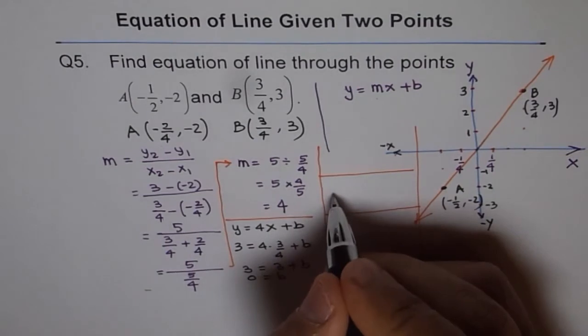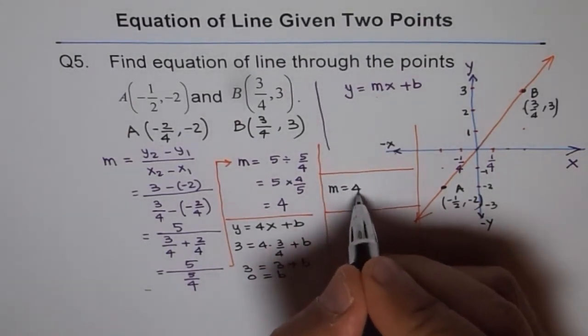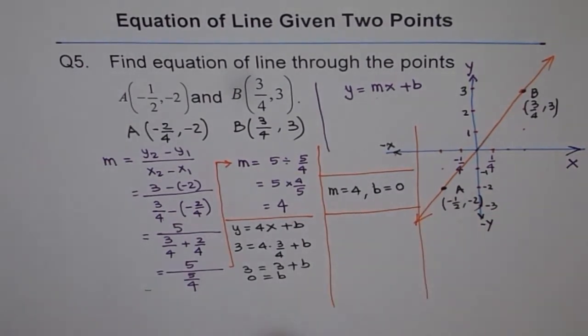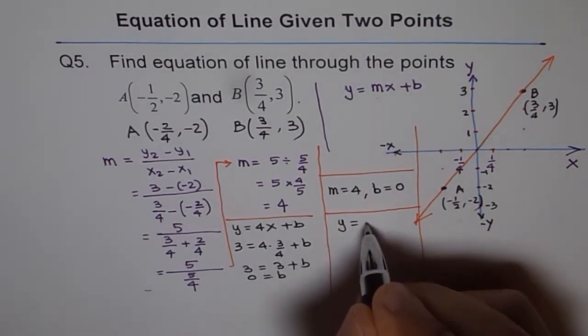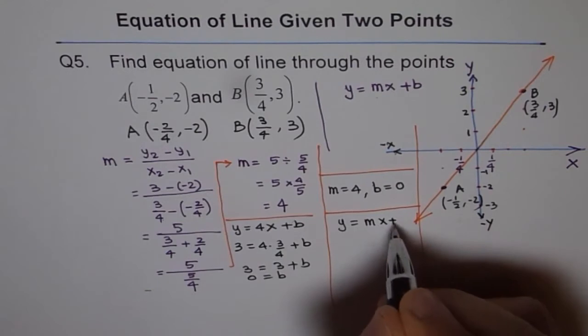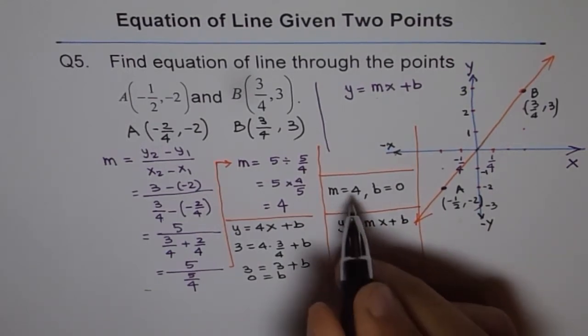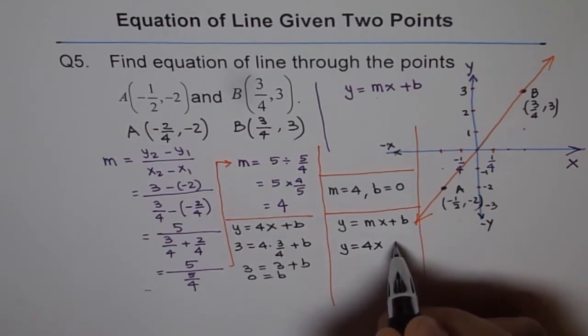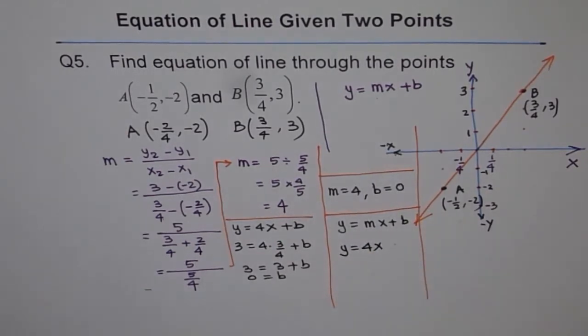We got a slope of 4, let's say m equals 4. And my y-intercept b is equal to 0. And therefore the equation should be, we want it in the form of y equals mx plus b. m is 4, we write y equals 4x plus 0. So 0, no need to write. So we get y equals 4x.